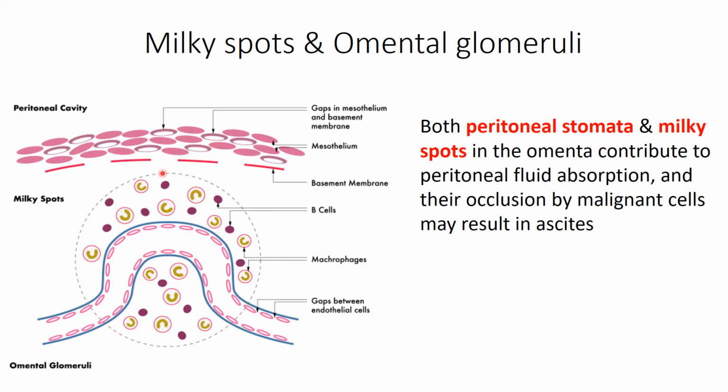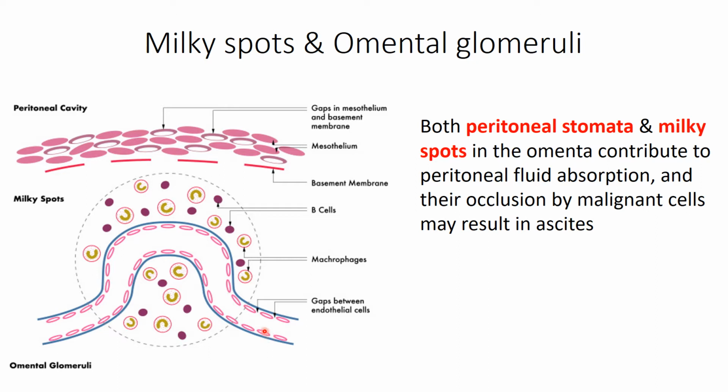Here in this diagram we can see in the submesothelial connective tissue there is a lymphoid aggregate, and this is the milky spot. Now this milky spot contains a convoluted capillary.